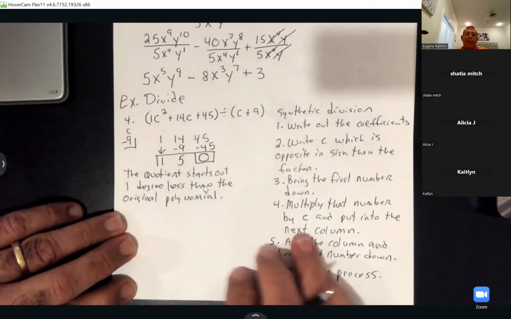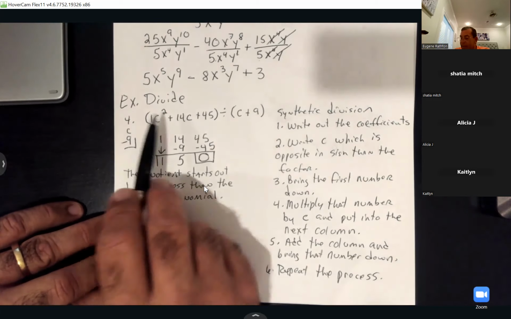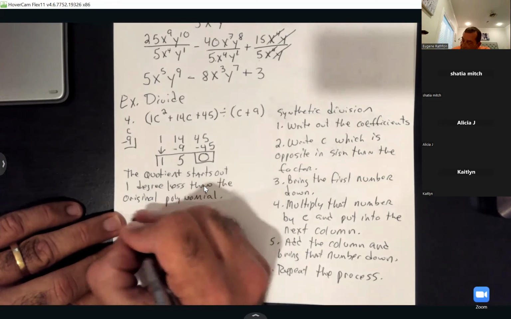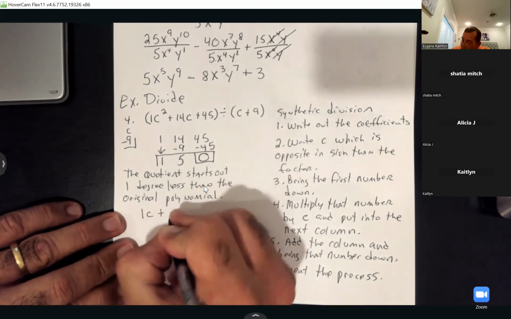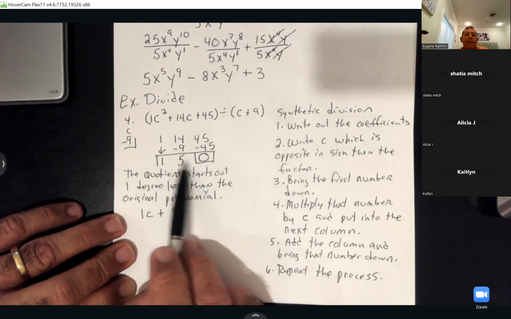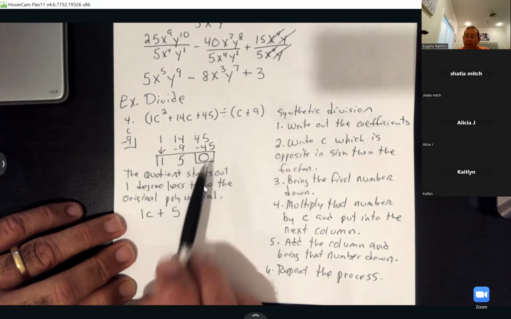I'm going to do a lot of synthetic division examples so y'all get the idea of this. If this was a C squared in the original, this will be 1C plus 5, and they go in descending order. Now this would be our remainder, so this one technically has no remainder.